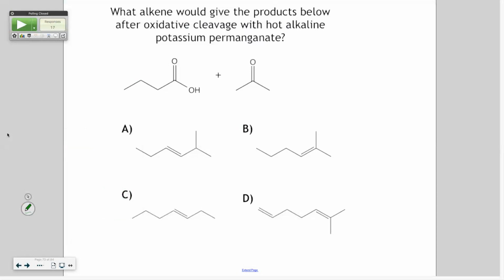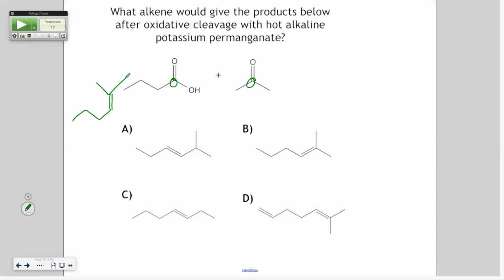Okay, so what carbons are the carbons of the double bond? What carbons end up coming from the double bond originally? This one and this one, right? So you're going to stick them together at that point. So if you even just went like that, that would get you there.